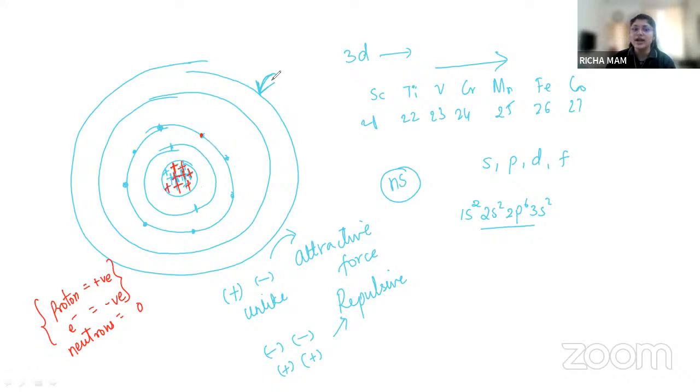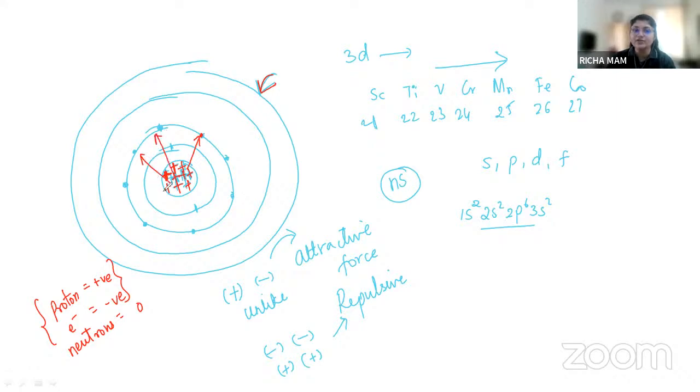Now, as you are adding electrons in the outermost shell, what is happening? The protons will tend to pull the electrons towards themselves; they exert a force.